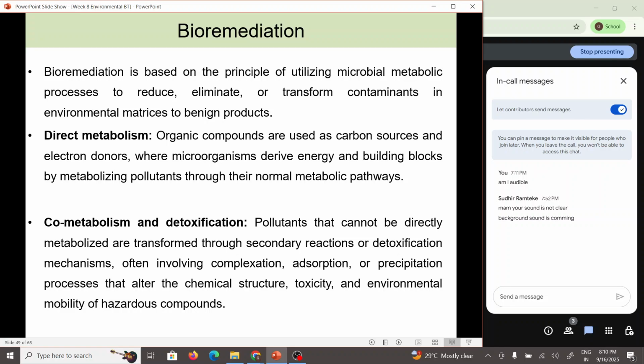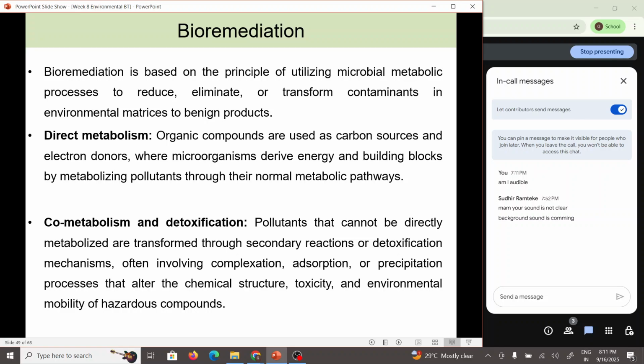Mobility is the capacity to spread or travel. So either the toxicity or the mobility of the contaminant is reduced. In this case, the microorganism is not going to directly consume the contaminant. It is going to perform some secondary reactions, or some detoxification step, such that it renders the contaminant with lesser or no toxicity. So that is called co-metabolism or detoxification. This happens in cases where the microbe is not directly able to consume the contaminant as its electron donor or energy or carbon source.